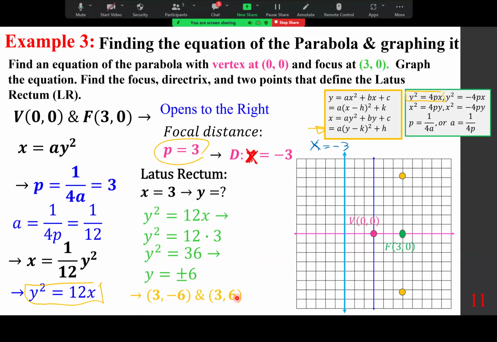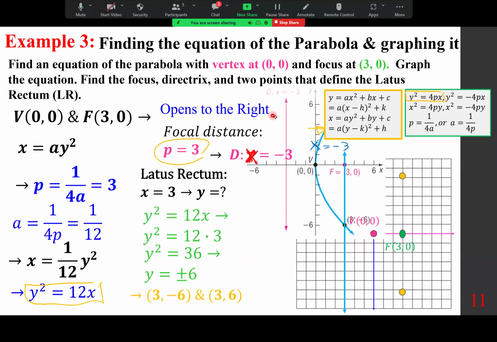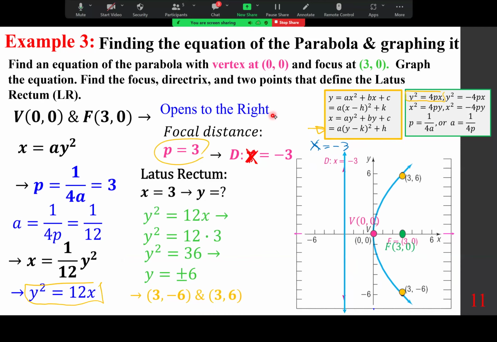And of course, we said it opens obviously to the right, and that's good enough to give us the graph. So x equals -3, the vertex, the focus, and the two endpoints that we discussed. Again, please understand, class, that this distance from here to here is 4p.